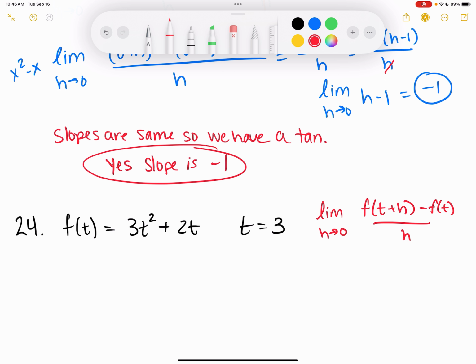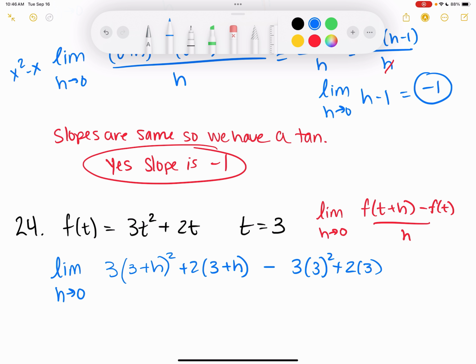So the limit as h approaches 0 of 3 times, so we're plugging in 3, so 3 plus h squared plus 2 times 3 plus h minus, evaluated at 3, 3 times 3 squared plus 2 times 3, all over h. So obviously this one's going to be a little bit more involved mathematically.